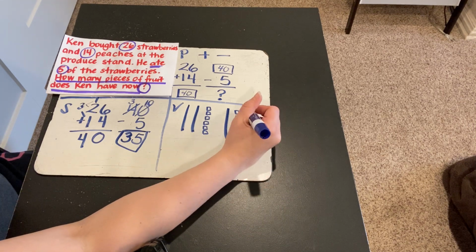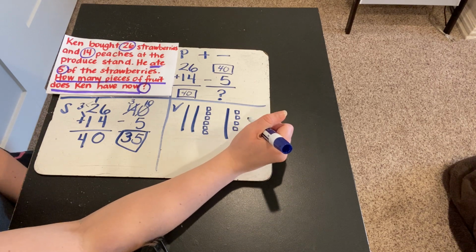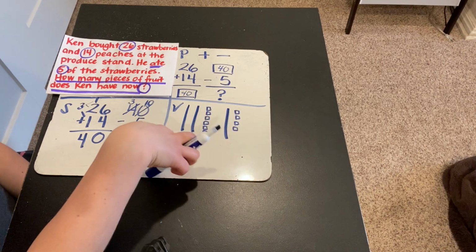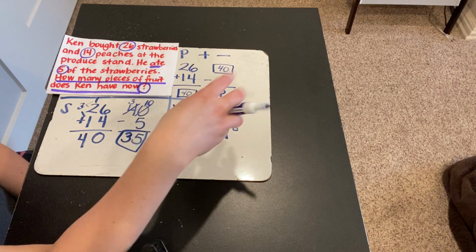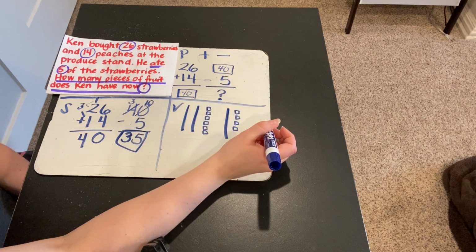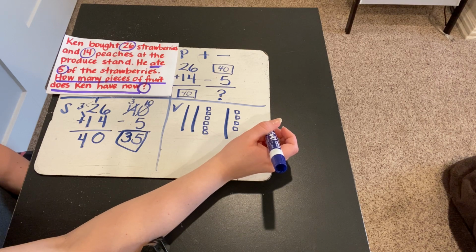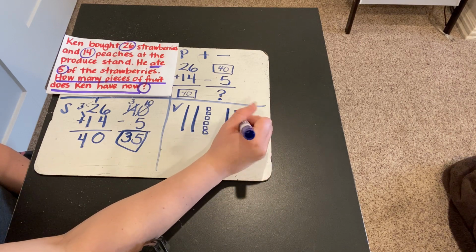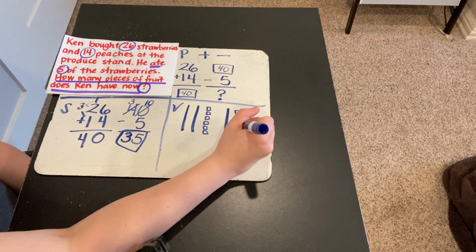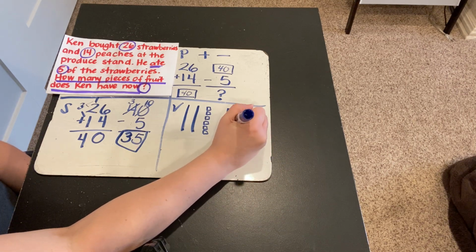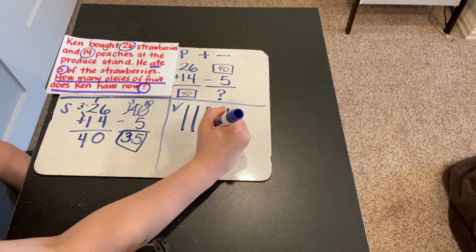So I could go ahead and take away my 5 ones and then count what's left. Or I could count all of this up and then take away the 5. It doesn't really matter what order you do it in because you're still going to get the same answer. I think I'll take away the 5 ones now because there are 5 ones to take away, and that would be easy. 1, 2, 3, 4, 5.